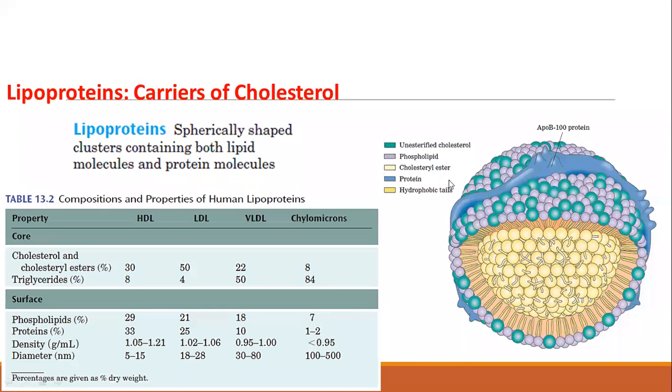And if you remember your phospholipids, the phospholipid has a hydrophilic part and a hydrophobic part. So let's say here, the purple. The purple has a hydrophilic part, its head, which can interact with water, and there is a tail which is hydrophobic, which can interact with hydrophobic molecules. So for instance, your cholesterol.